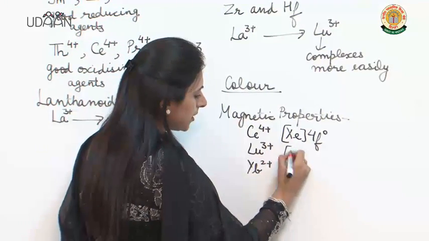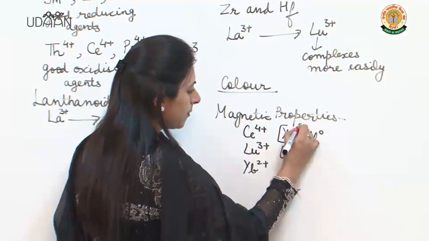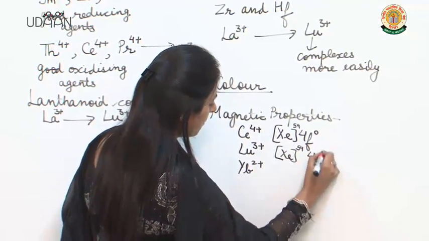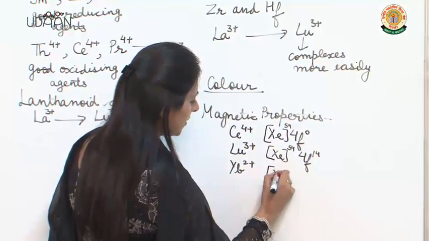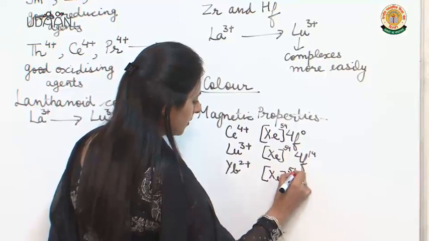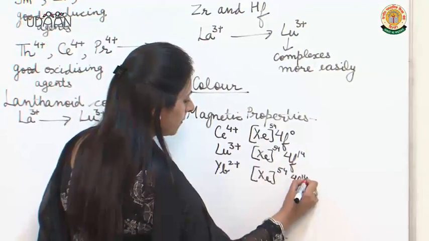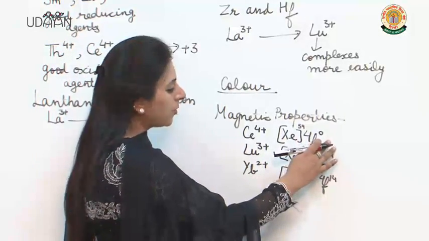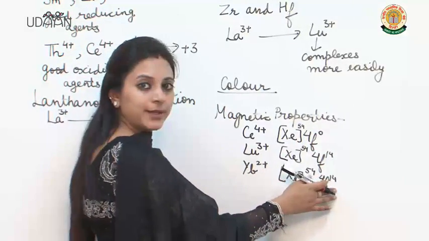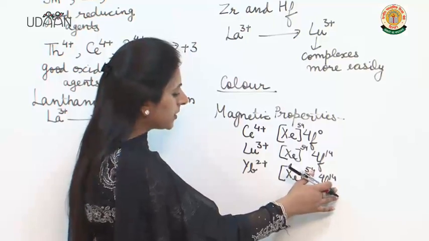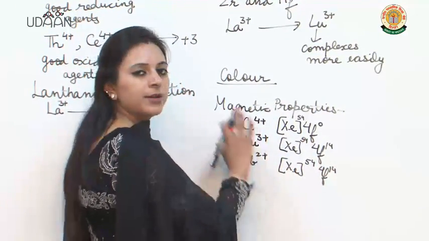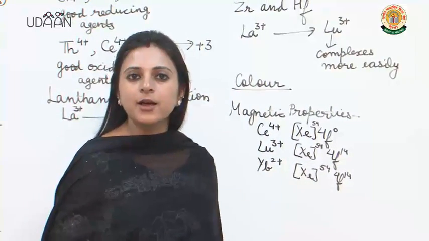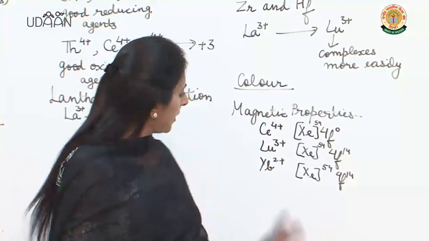For Lu3+ it is xenon 4f14, and the same for Yb2+, it is 4f14. So, here we can see that one has an empty f orbital and the others have completely filled f orbitals, due to which they are diamagnetic, and the rest of the lanthanoid ions are paramagnetic.